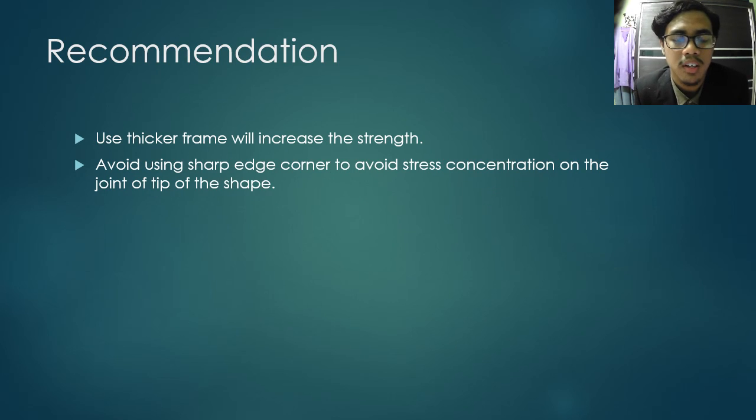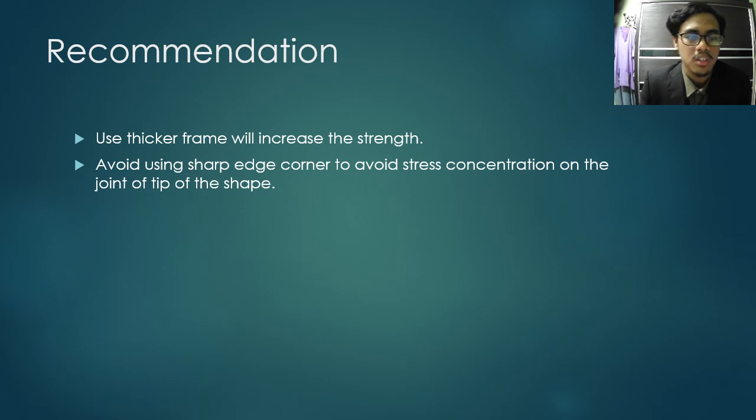So for the recommendation, to increase the strength of each of the models, we can increase the thickness of the model, which in this project is around 3 millimeter, which is quite thin, but increasing the thickness will increase the strength of the model.